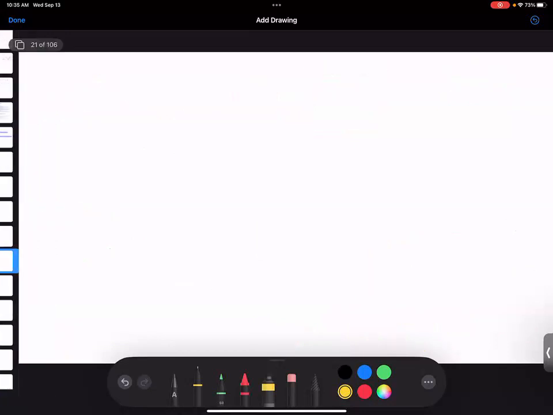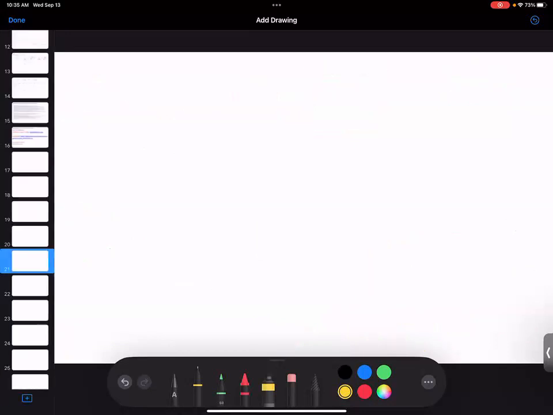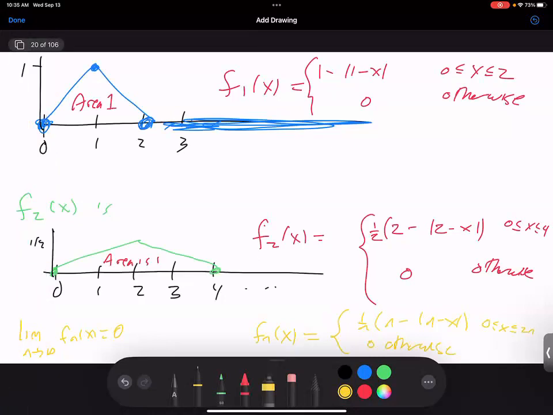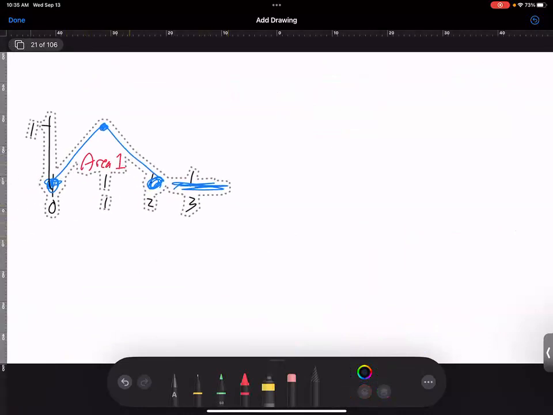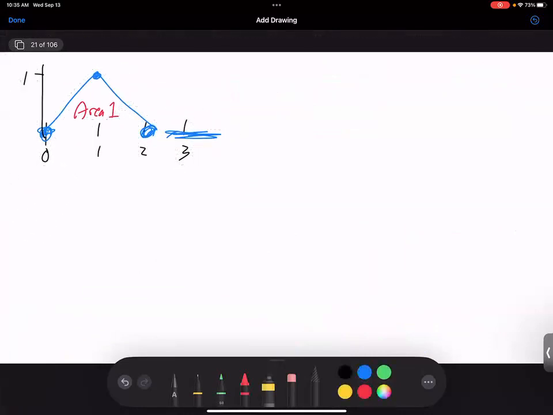The example I was thinking of. It didn't actually copy the x-axis, it copied everything around it, but did not copy the x-axis. Fascinating. All right, so here is our function. Its integral was 1.